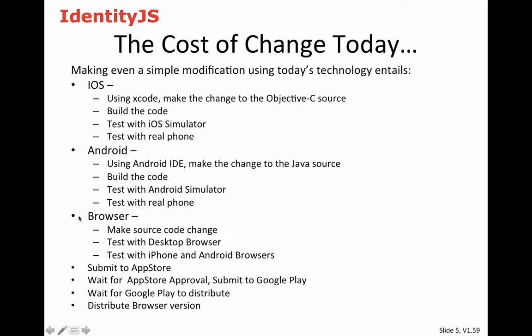Now I have to go to the browser, make the very same changes, but now this time it's in JavaScript or whatever web technology you're using. Test with the desktop browser, test with the iPhone and Android browsers. Then you go and submit your iOS code to the App Store and wait for anywhere from 4 to 11 days.